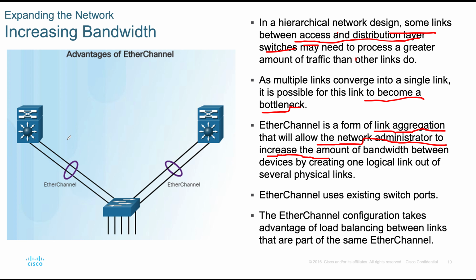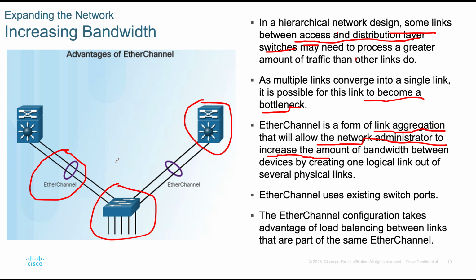The Ether channel is a kind of arrangement where a router, the gateway itself, bringing data from the internet, converges to a switch, and another router bringing data from Ethernet converges to the same switch. So two routers converging at the same switch. That configuration arrangement is called Ether channel.